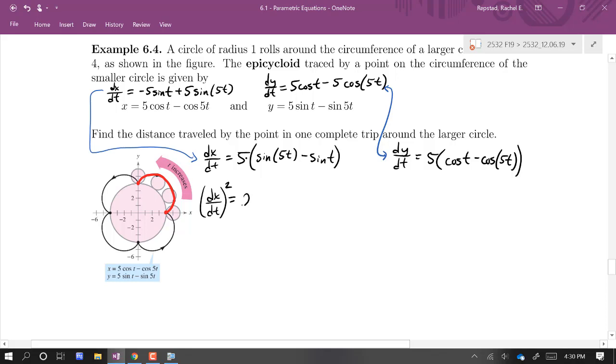So I'm going to have 25 times, and then I want to FOIL that out. What do we get? Sine squared 5t minus 2 sine 5t times sine t, and then plus sine squared t.